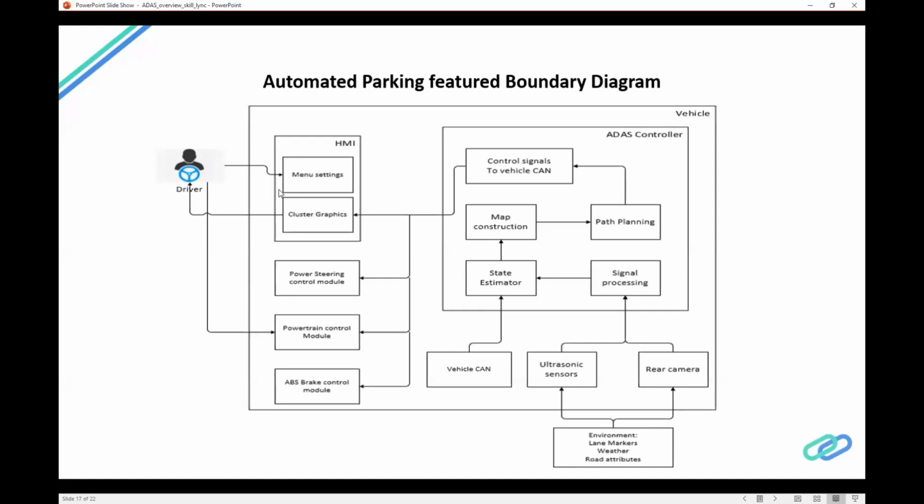From the driver's side, of course, the driver settings are the critical input. The driver has to choose whether or not he wants to park. There is typically a parking button, not on the steering wheel, but on the central panel of the cluster. And once they select that, the car will try to determine a suitable parking spot and then try to park.